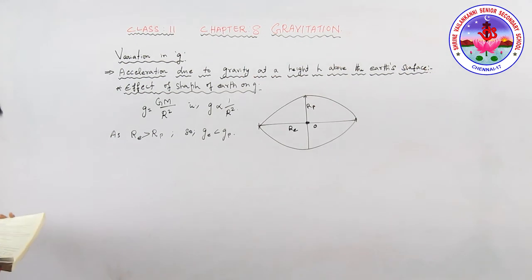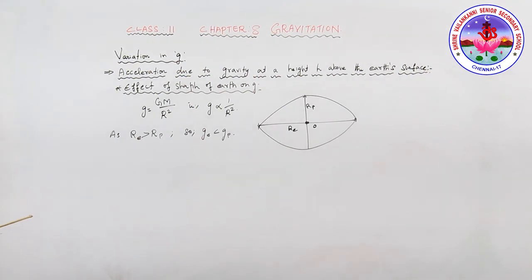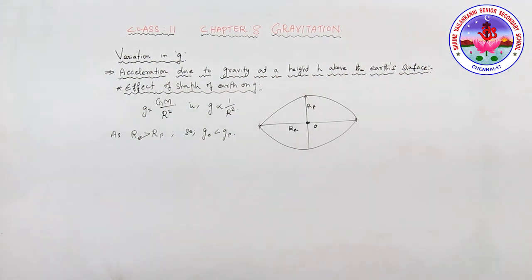Effect of the shape of the Earth on g. See the diagram, children. The Earth is not actually a perfect sphere. It is flattened at the poles and bulges out at the equator. So the equatorial radius RE is greater than the polar radius RP, by about 21 kilometers.